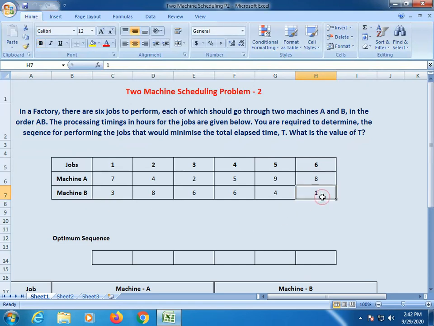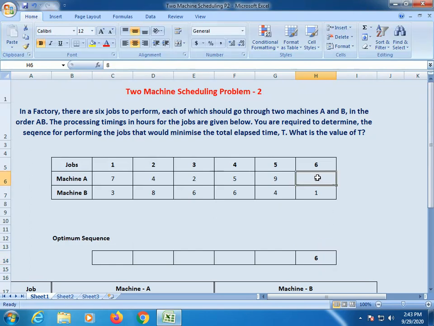So this 1 hour is relating to machine B, that's why we have to place the job from right to left side. From right to left side we have to place the job. So I just placed the job.